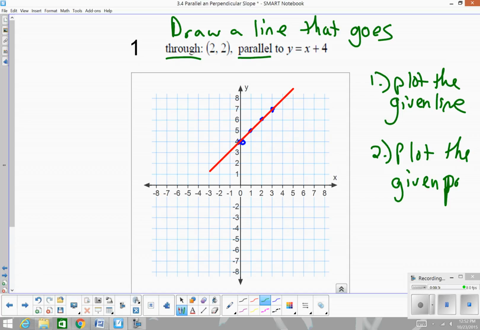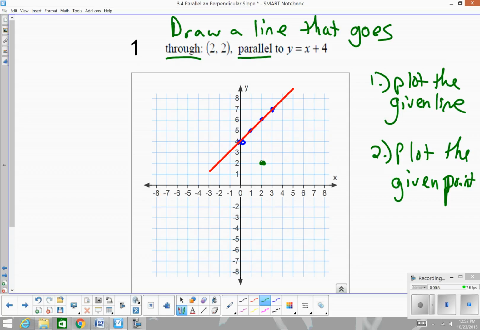Okay, so the point I'm given is 2, 2. So 2, 2 is right there. Now, what do I know about a line that's parallel? I know, looking at the equation, that they have the same slope.